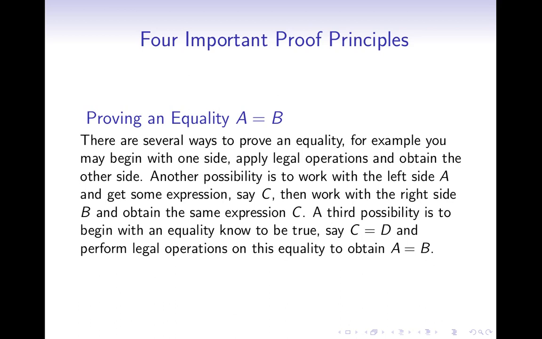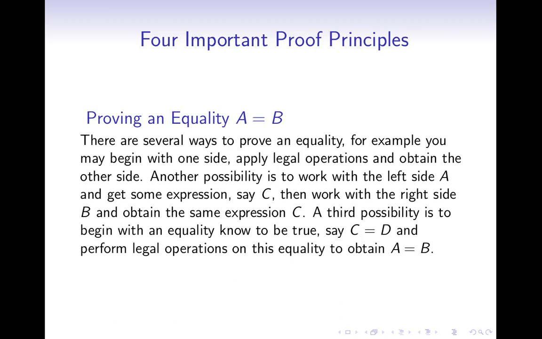But sometimes that doesn't work out extremely well, and you can start with one side, say the left-hand side, which is A, do legal algebra and get some expression, say C, and then take the other side, which is B in this case, and get the same expression C. If you've done that, you will have proved that A and B are equal.